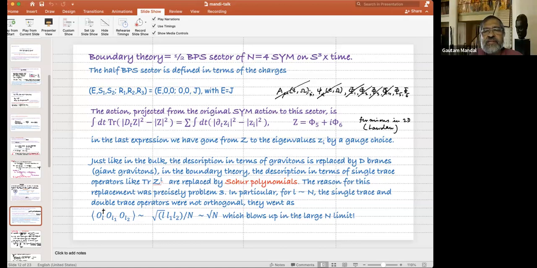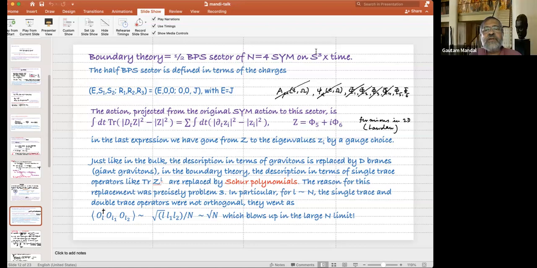So there's a gauge field, the fermions, and out of the 6 adjoint scalars, 4 of them go away, and only this pair, phi 5 and phi 6, they remain, and their dependencies also cannot be on time as well as on sphere. In fact, they cannot have any dependence on the sphere subject to this half BPS condition.